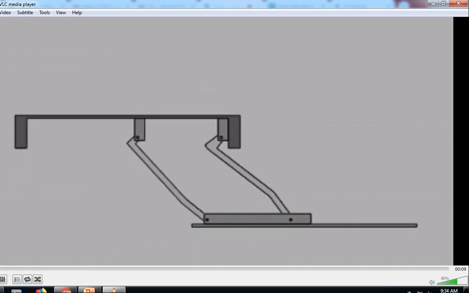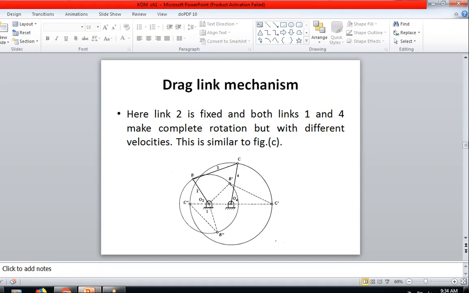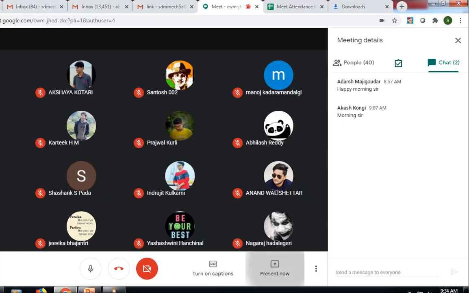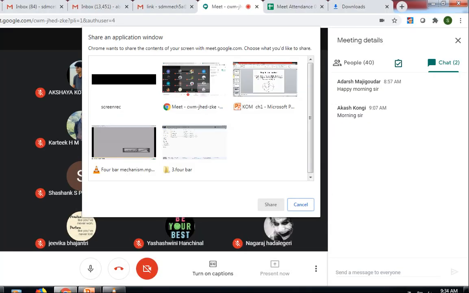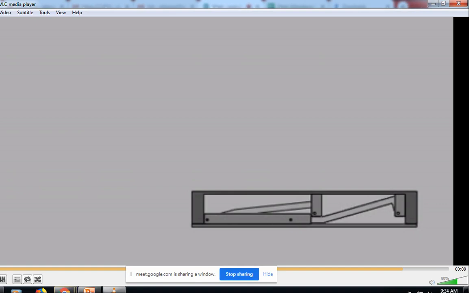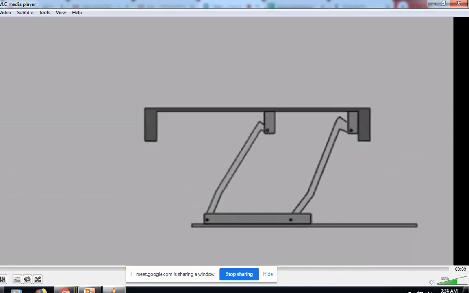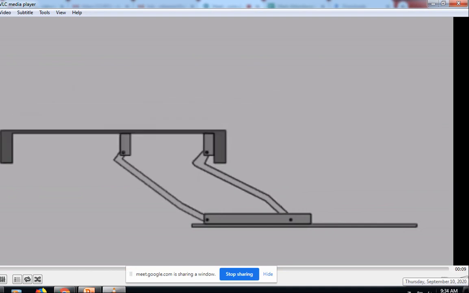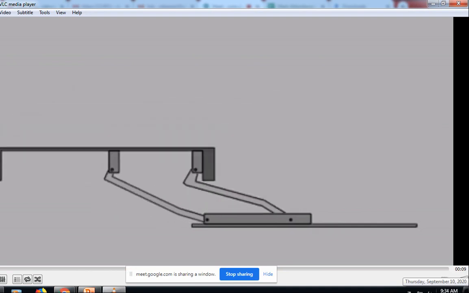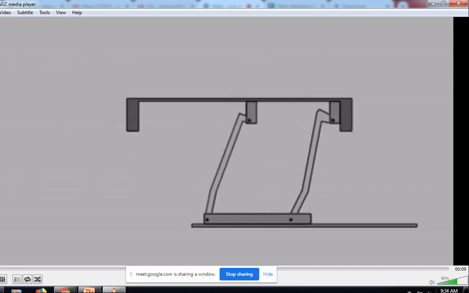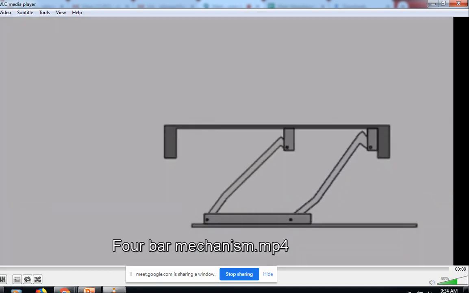Okay, I'll just share. Now see, now tell me, which one is this? Double crank mechanism. Just I'll play once again, you just see.